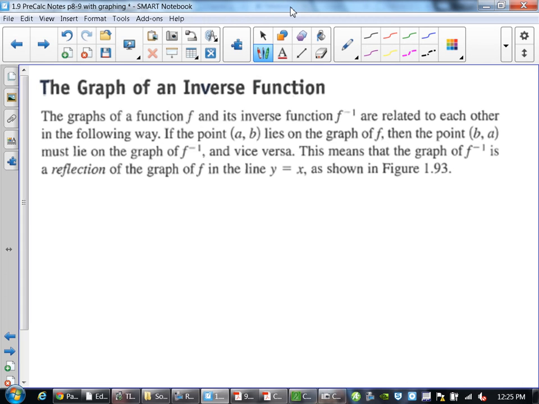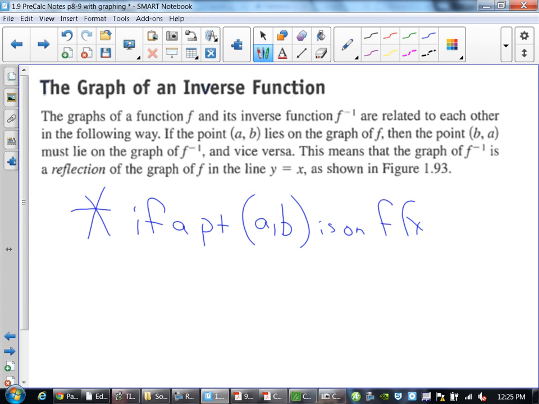What I want you guys to think about is if you have a graph of an inverse function, a couple of things happen. If a point (a, b) is on f of x, this is the whole idea of graphing with inverses.